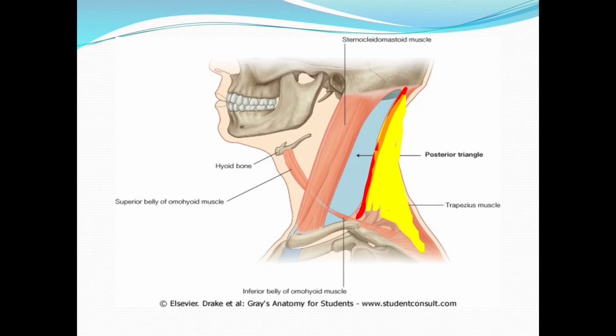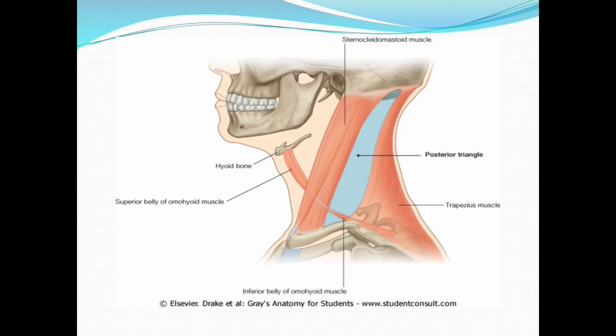So the posterior boundary of the posterior triangle is formed by the anterior border of the trapezius muscle, and the base is formed by the middle 1/3 of the clavicle. Here I have marked the middle 1/3 of the clavicle with yellow color.